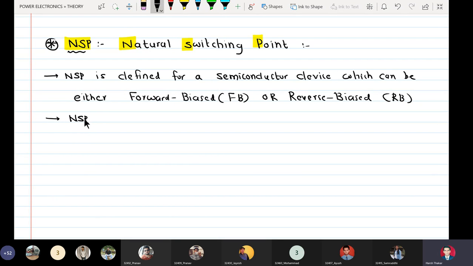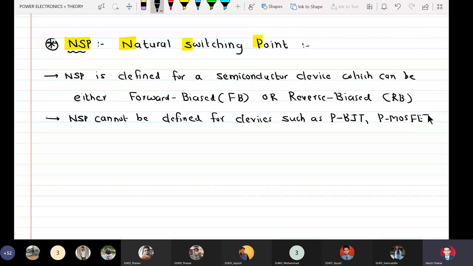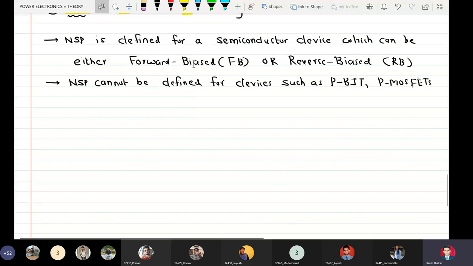Thus, natural switching point cannot be defined for devices such as power BJTs or power MOSFETs. And if you remember, these devices are called as control turn on, control turn off. But NSP is defined only for devices like SCRs, which are control turn on and uncontrolled turn off.